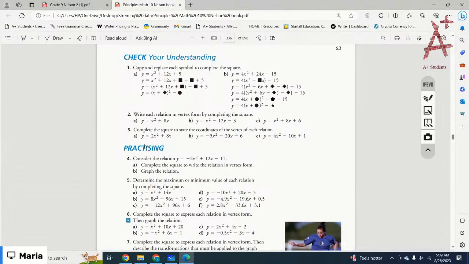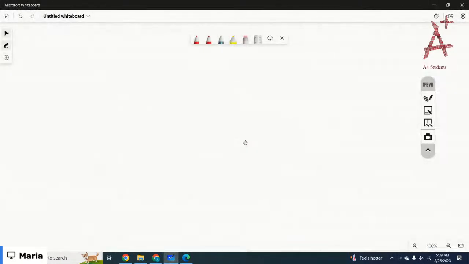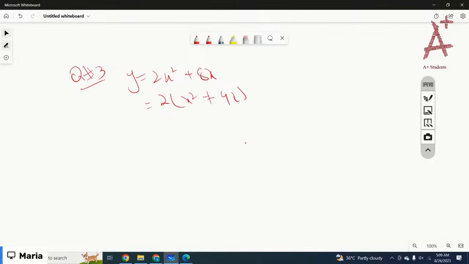Question number 3 is complete the square to state the coordinates of the vertex of each relation. y equals 2x square plus 8x. We can take 2 common, so you're left with x square plus 4x.